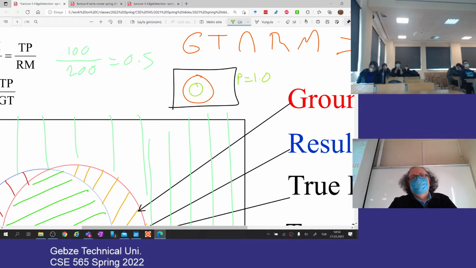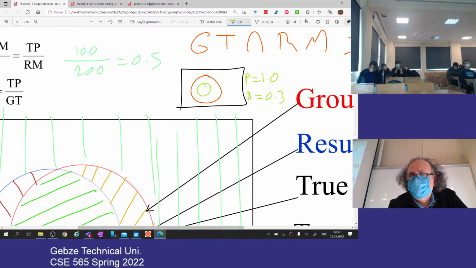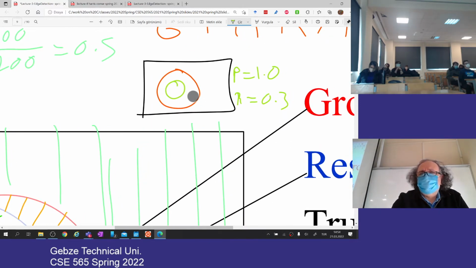That is the true positives over ground truth. Maybe my recall is at most 0.3. Why? Because most of this red circle, I say those are all false negatives. So I don't like it this way.